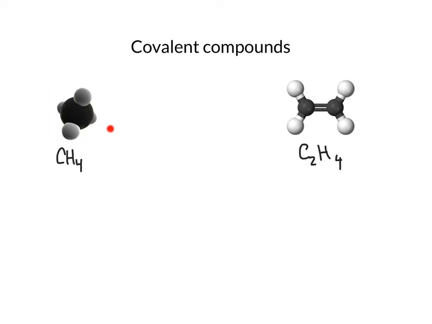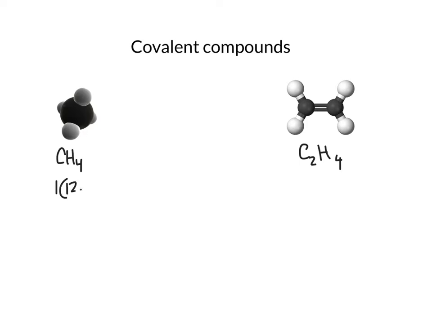We can apply that concept to the CH4 molecule and find the molar mass of CH4 by adding up the molar mass of 1 carbon and 4 hydrogens. There's 1 carbon in CH4, and there are 4 hydrogens, and so we need the molar mass of 1 carbon and the molar mass of 4 moles of hydrogen.